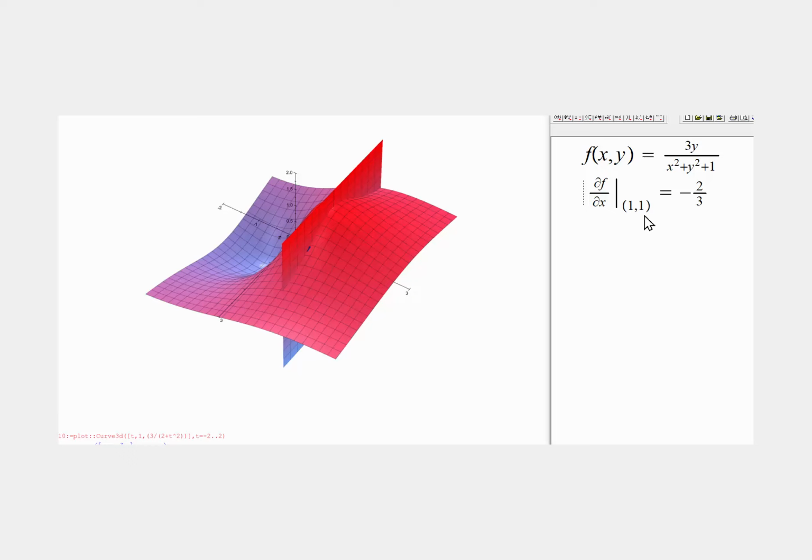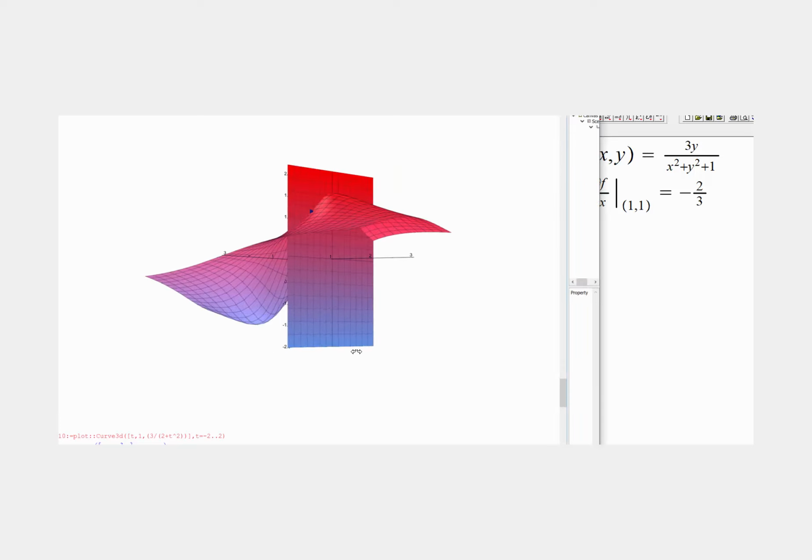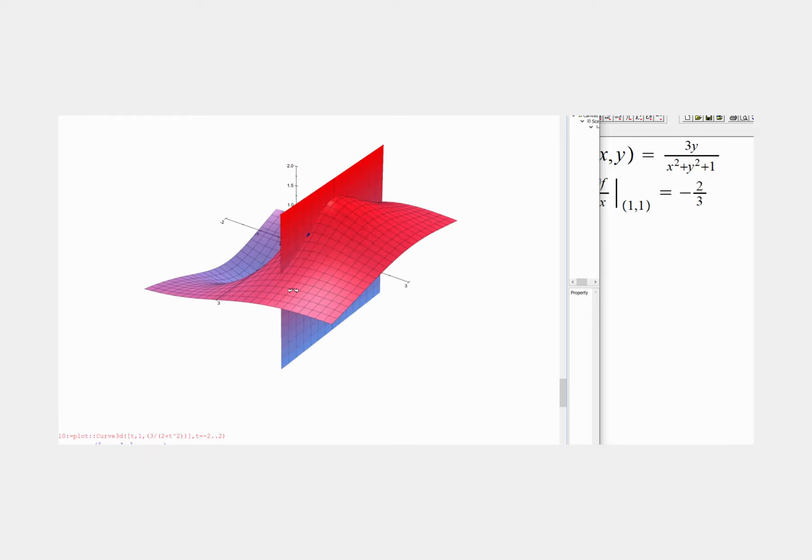And now remember, we are holding the y value constant at 1. So this is the y equals 1 plane, and here is the intersection of the surface with the y equals 1 plane. The plane and the surface intersect along a curve.